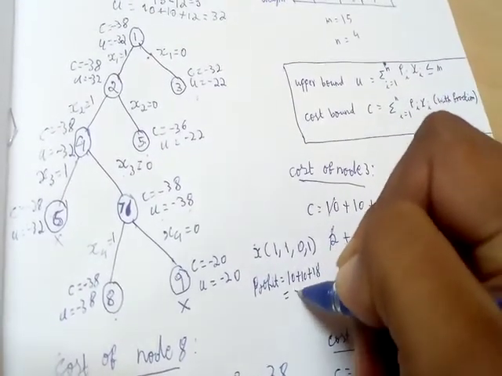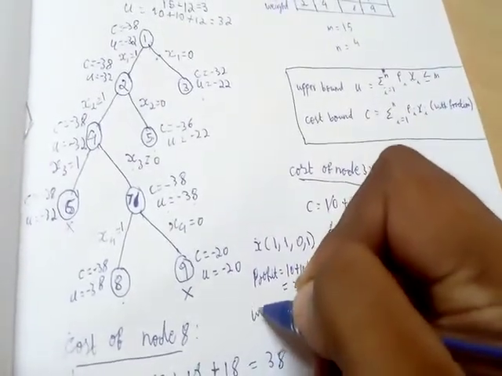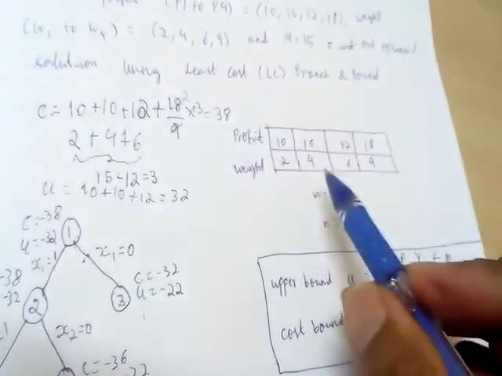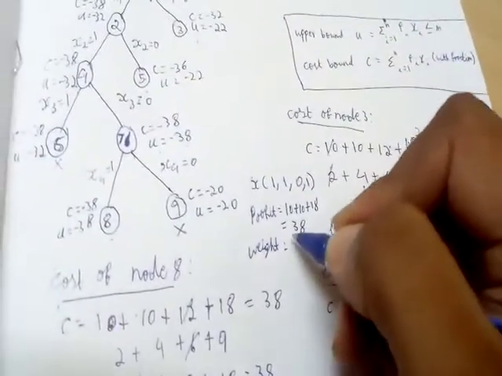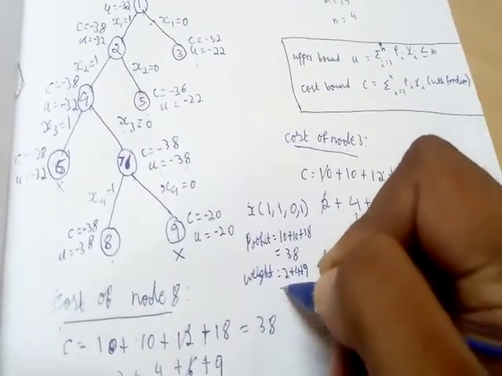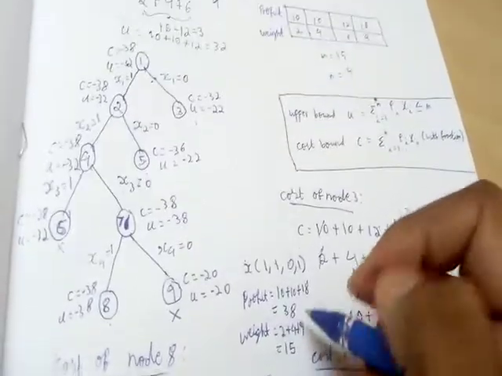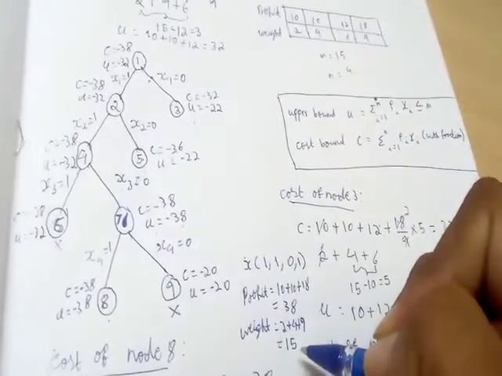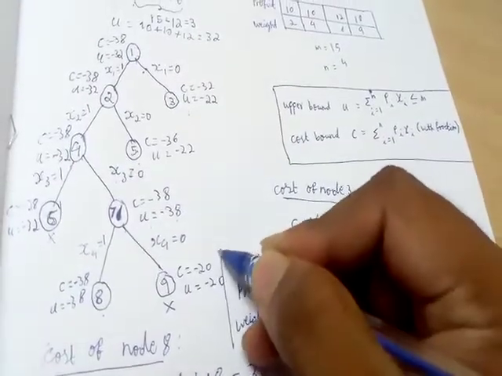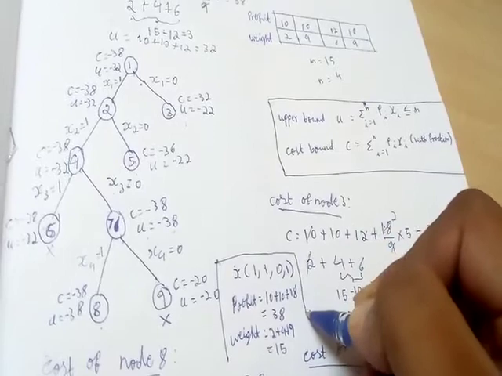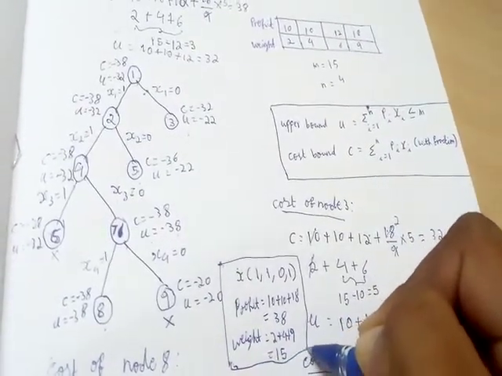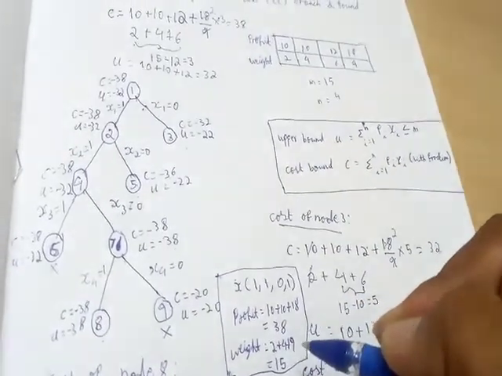So the profit will be 38, and for the weight, it will be 2 plus 4 plus 9, which is 15, matching the maximum capacity of the knapsack. So with this we have solved the knapsack problem. We have found the sequence in which we will get maximum profit.